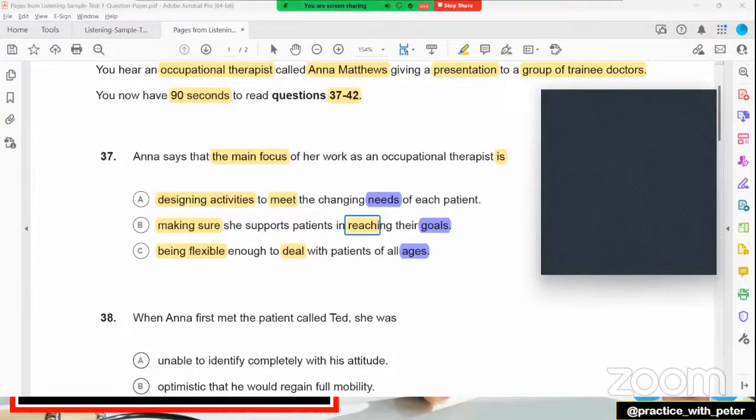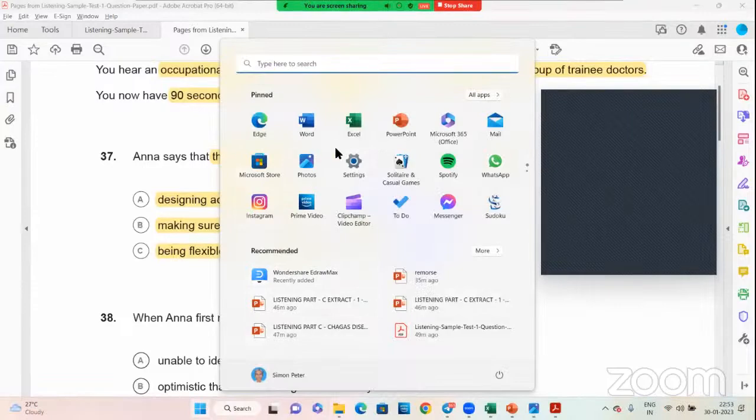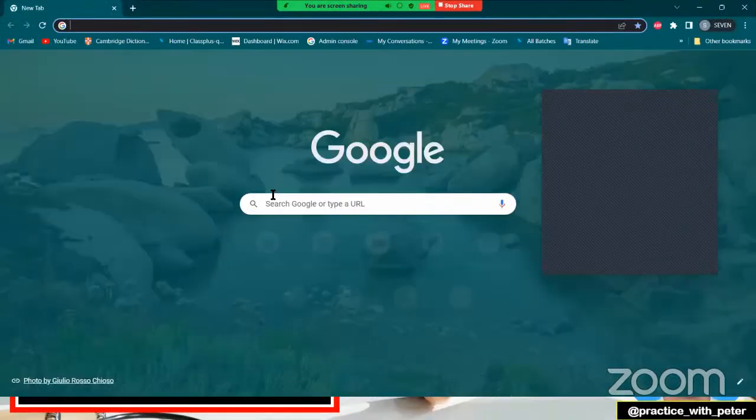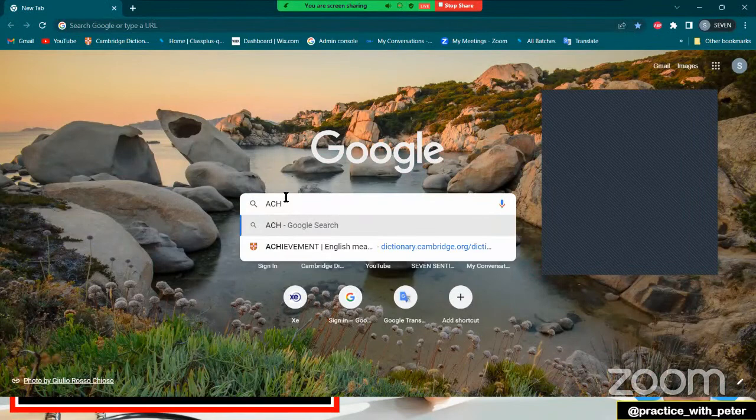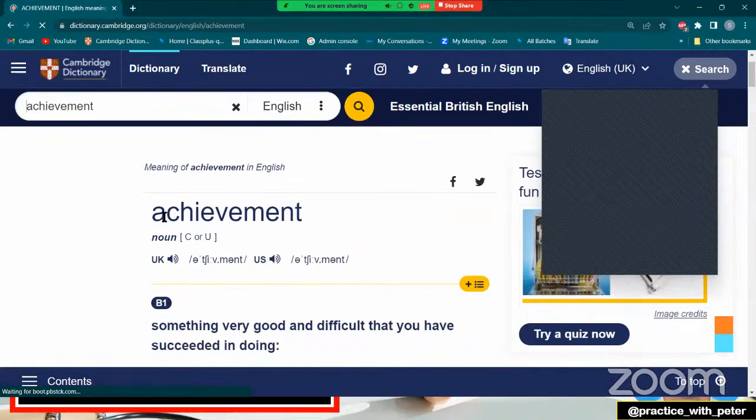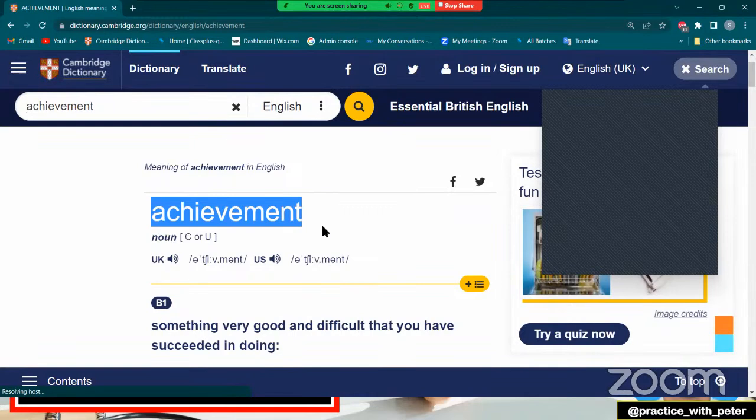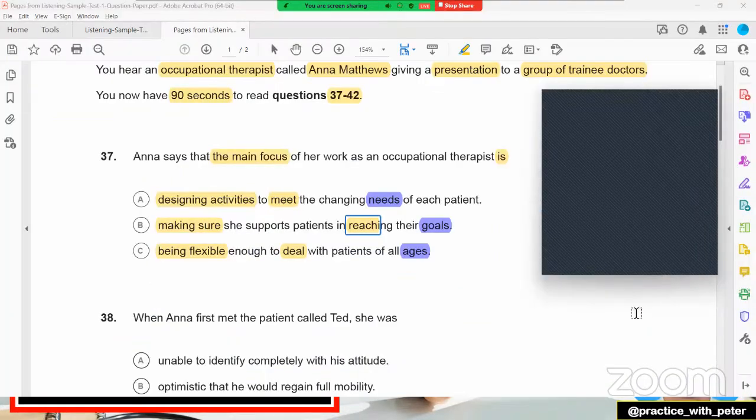Achieve, achievement. That is the spelling, says Cambridge Dictionary. And you should not write capital letters unless and until they are warranted. You can see even Cambridge Dictionary doesn't give capital letters. So we are not supposed to write capital letters. Yes. Next one.